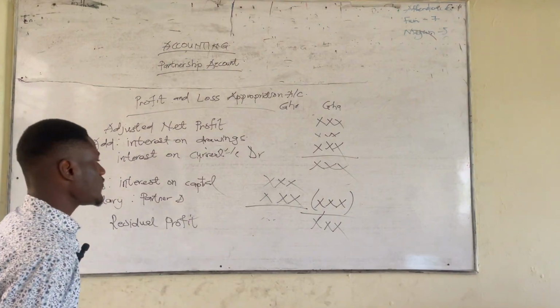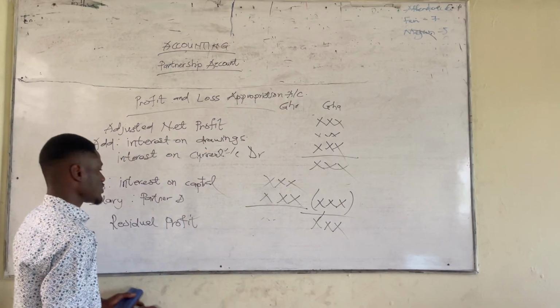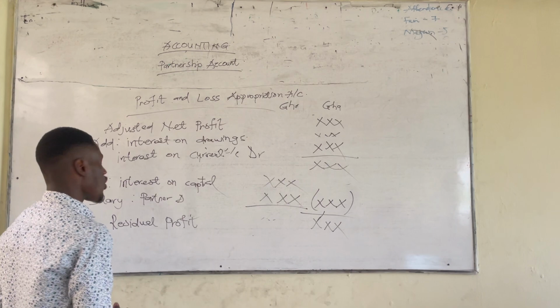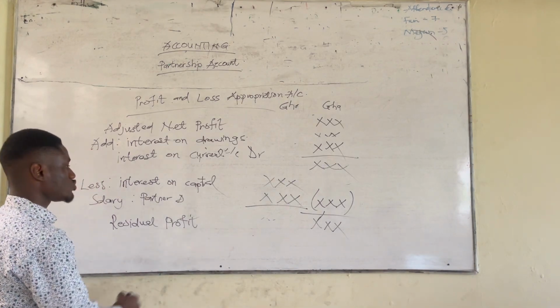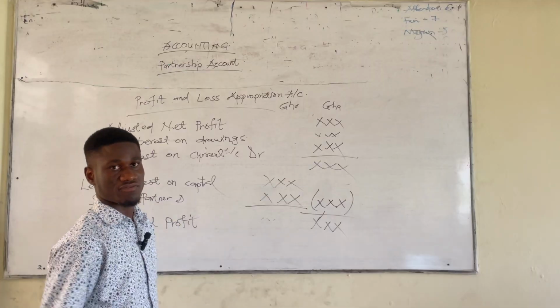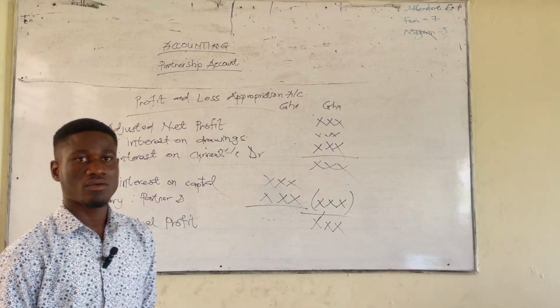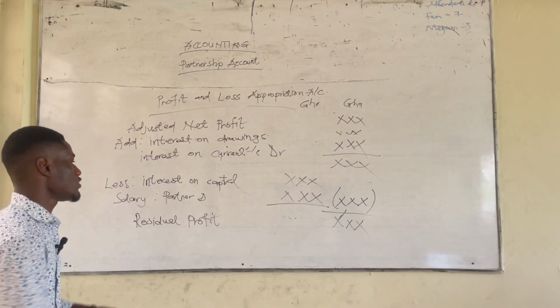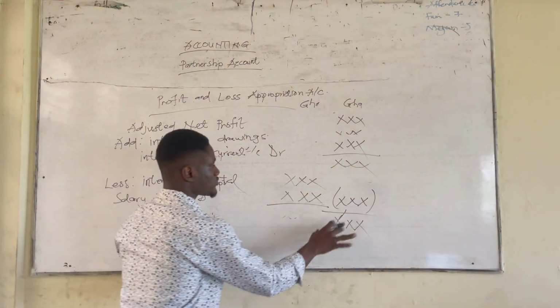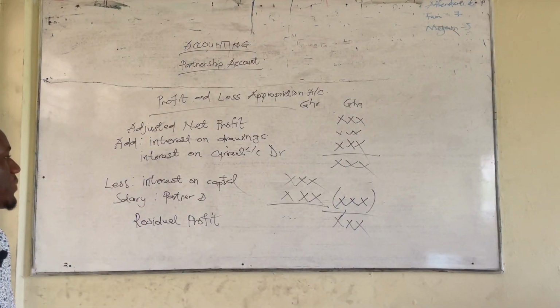From this residual profit is what the partners are going to share. Do you get it? Okay, good. So from this residual profit is what we are going to share to the partners.